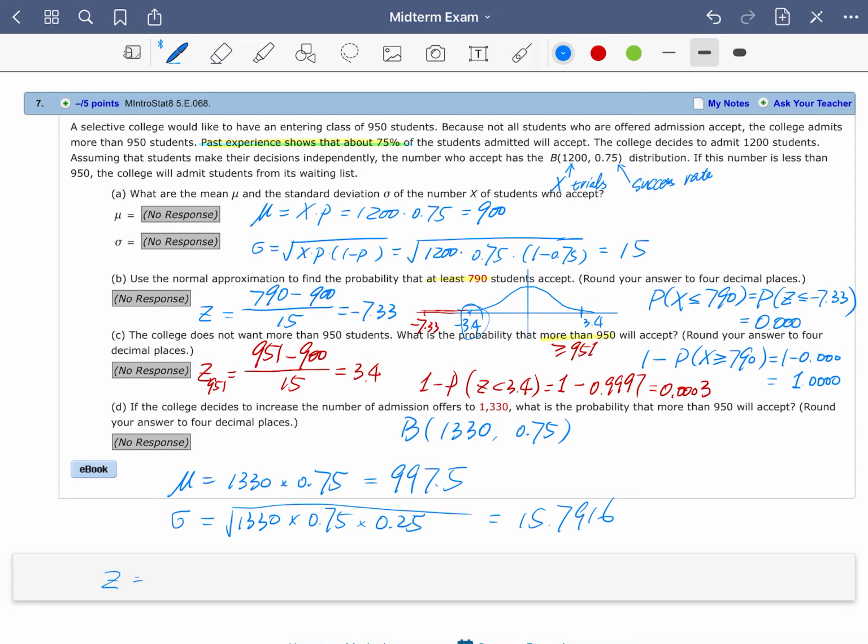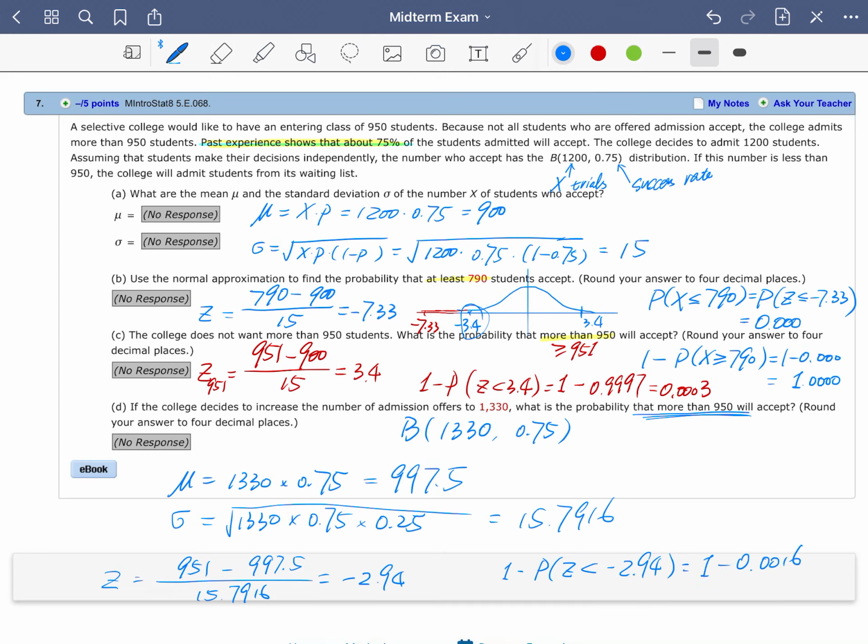So the z-score for that, again, it says more than 950, so I have to use 951 in this case. Subtract the new mean divided by the new standard deviation. So this score is negative 2.94. The answer would be 1 minus the probability of the z-score less than negative 2.94.